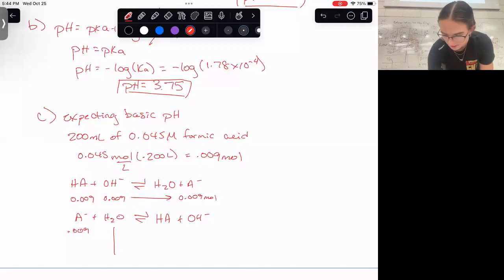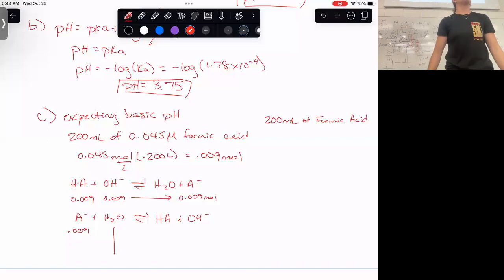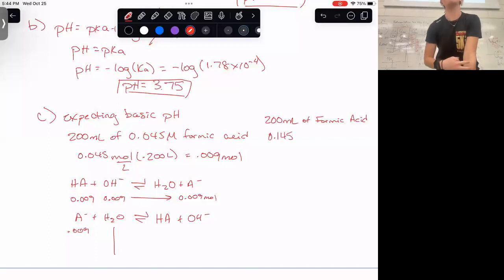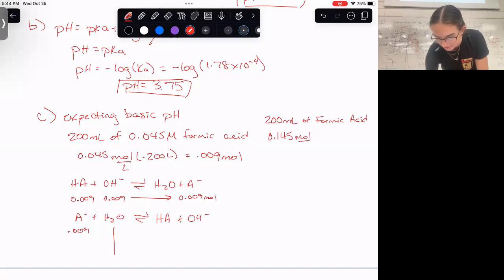So we know that we have 200 mL of formic acid. We know that we need 0.009 moles of our sodium hydroxide. We have 0.145 molar, so this is moles over liters. If we multiply this by X, that'll give us how many liters of our sodium hydroxide we need to equal 0.009.